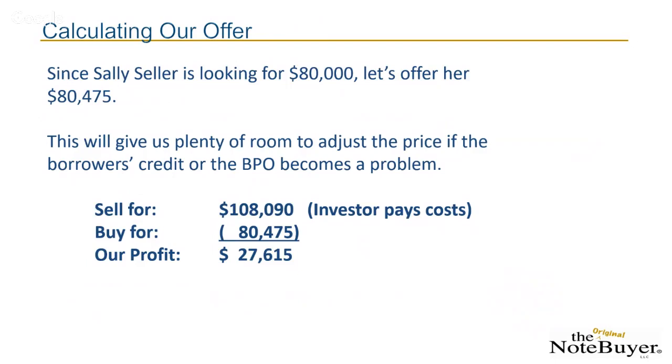When I give them a quote, I don't want to nickel and dime them with costs. I want to wire them the exact amount that I quoted them. In this case, I didn't need to build in any expenses because this particular institutional buyer is going to cover all the expenses. So as you can see, we have a profit of $27,615. Woohoo! That's a really nice profit, isn't it?